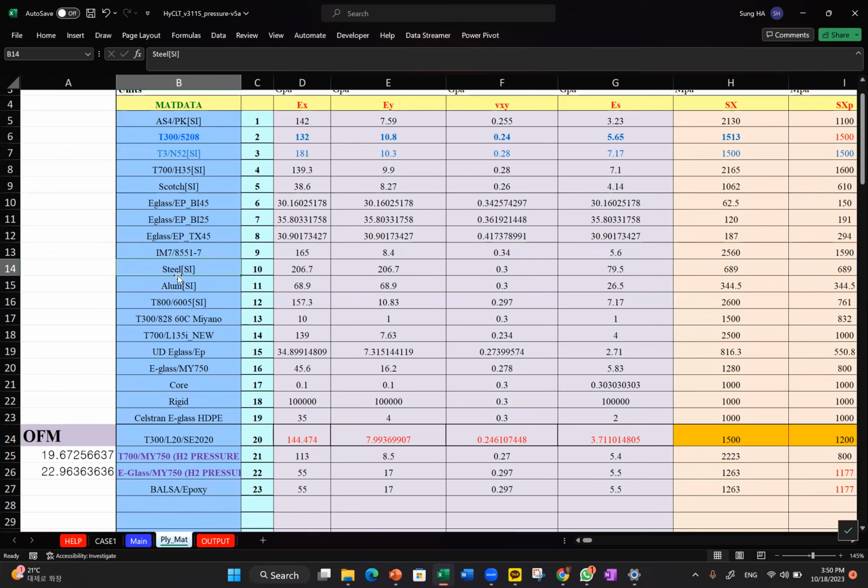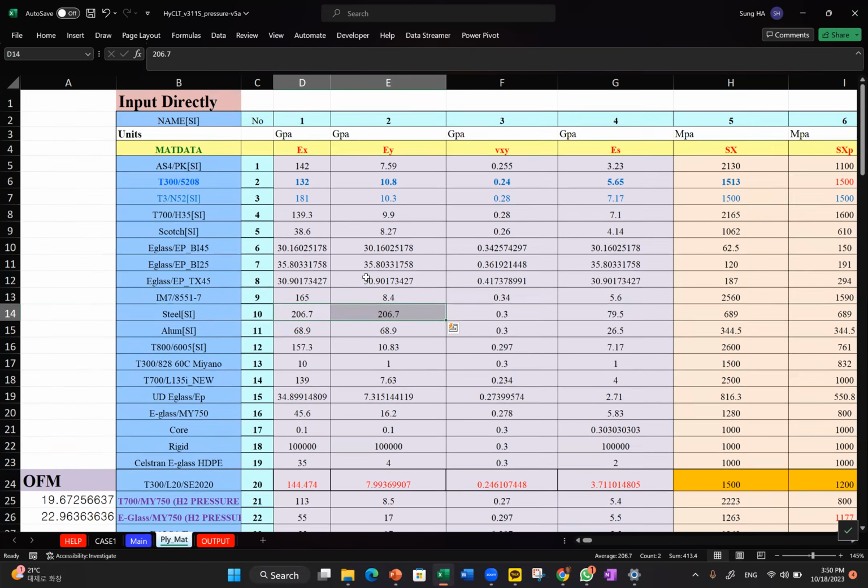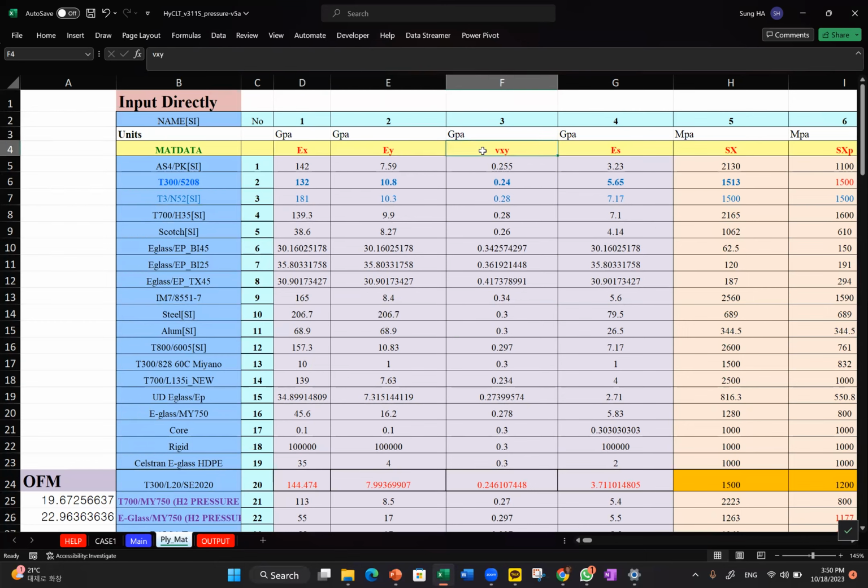And here you have a steel, which is an isotropic steel. This is 206 gigapascal in the x direction and y direction. They should be the same, right? And then Poisson's ratio 0.6, and shear modulus is 79.5.